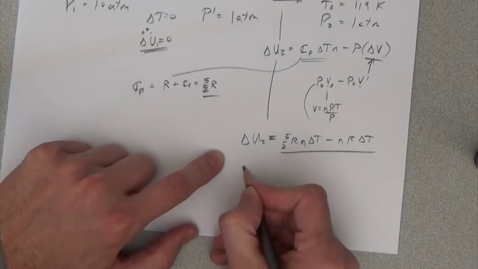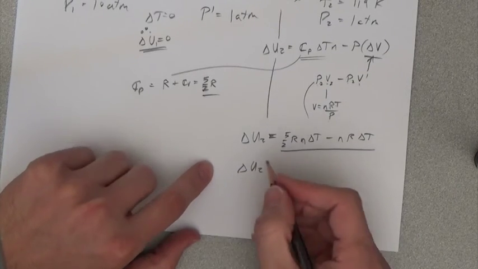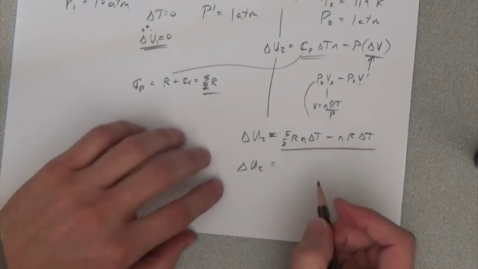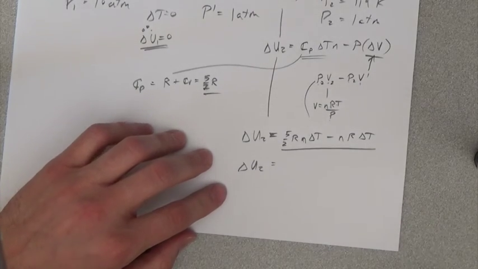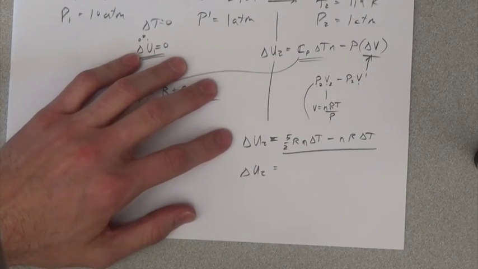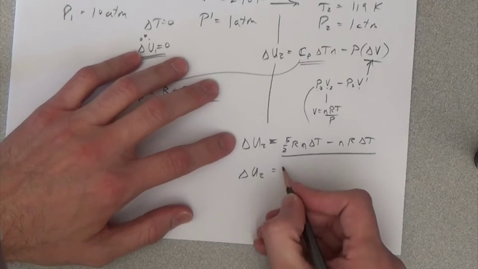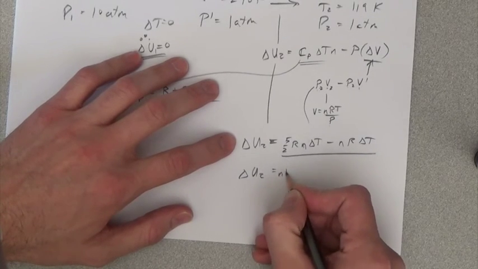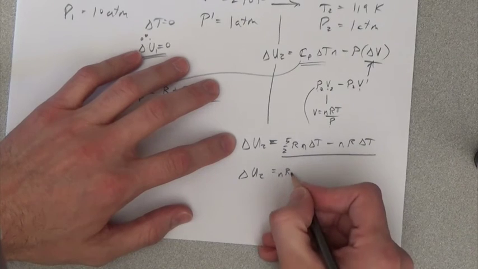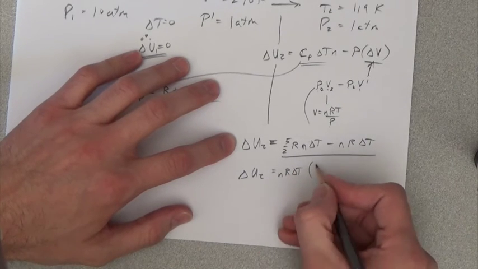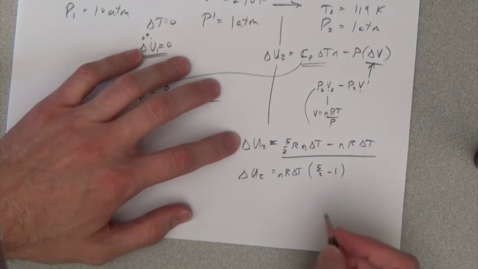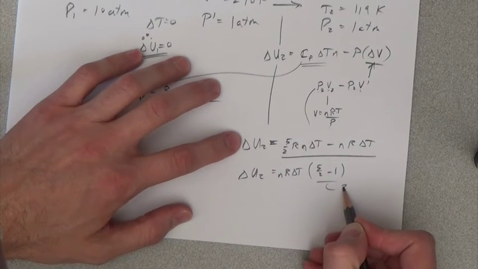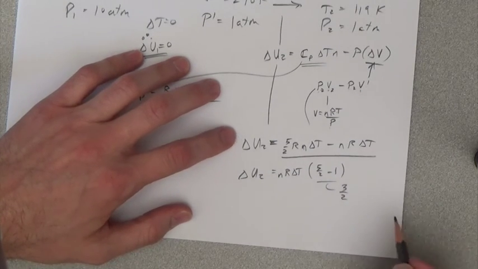this expression. So delta U2 is equal to, if you want to pull things out, well, just substitute in R delta T, 5/2 minus 1. That's 3/2.